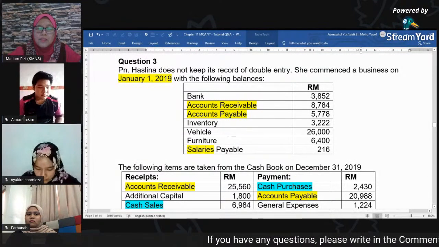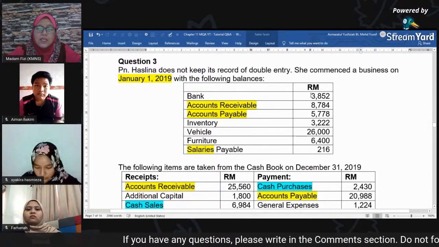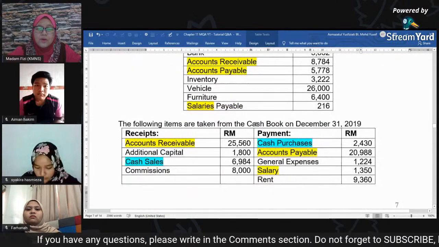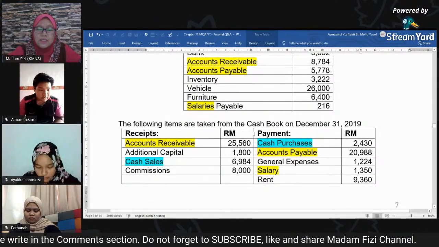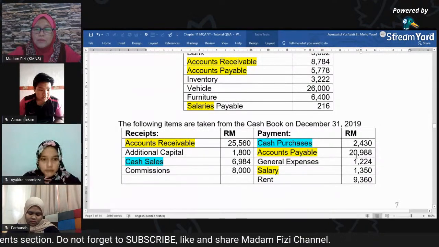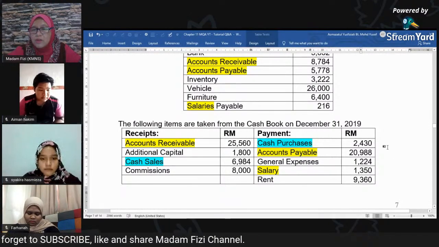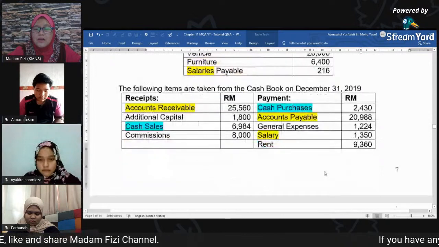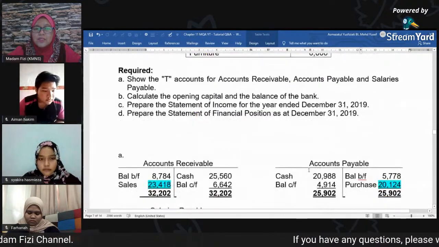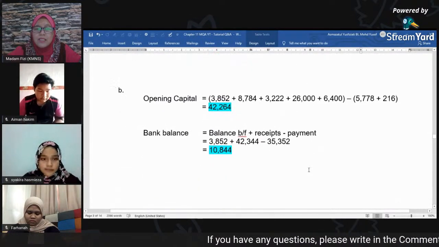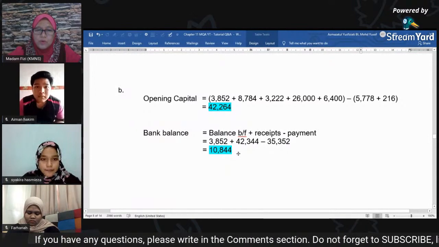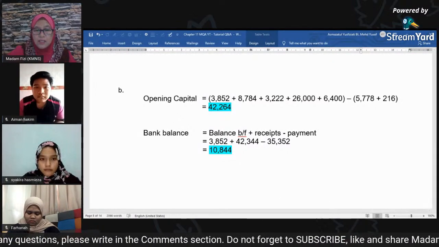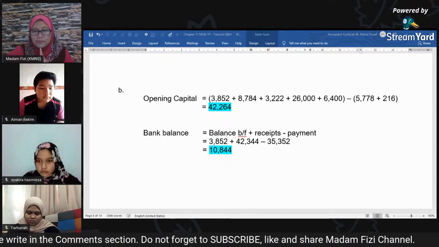This is the balance brought forward. And then for receipt and payment you have to calculate. After the calculation you get the bank balance is 10,844.